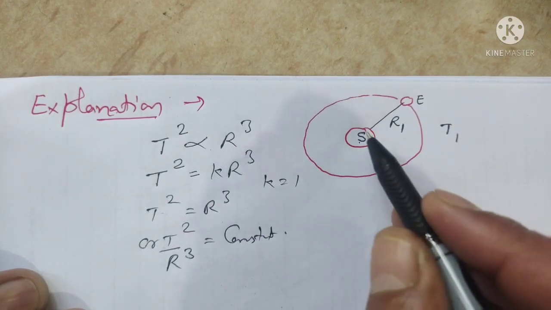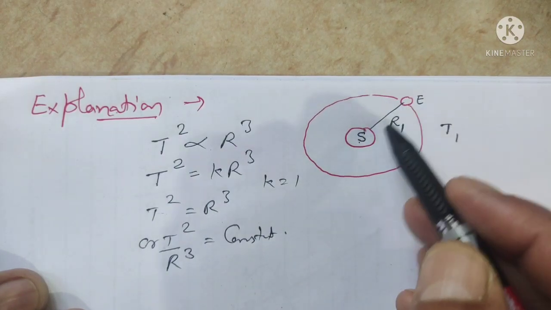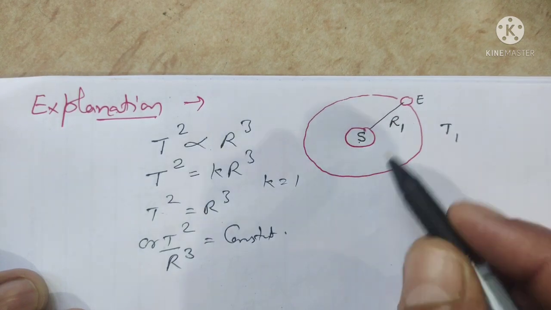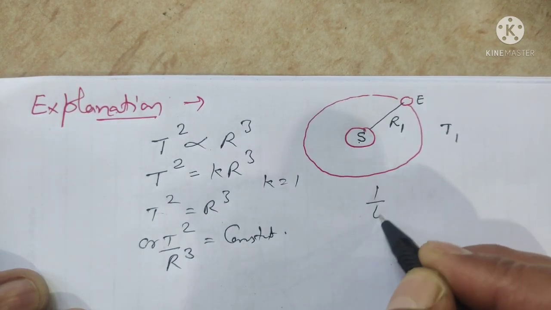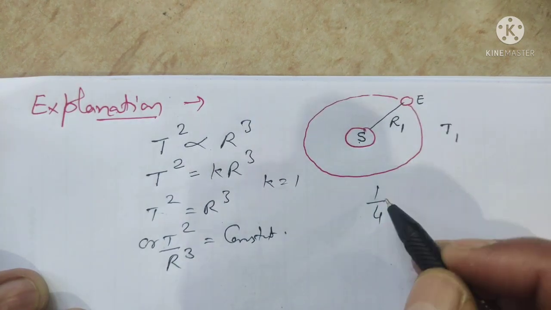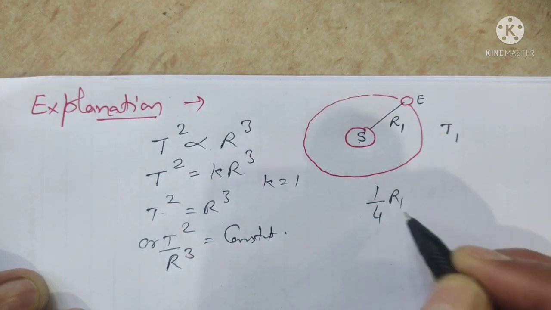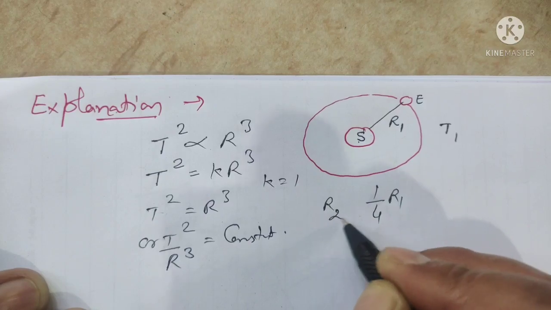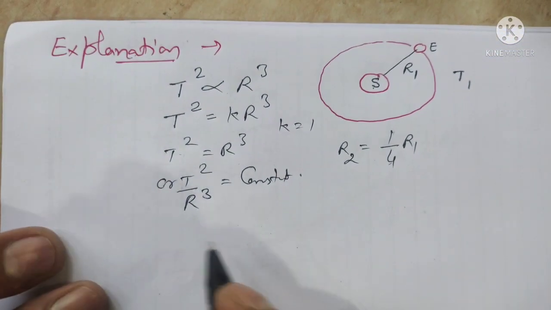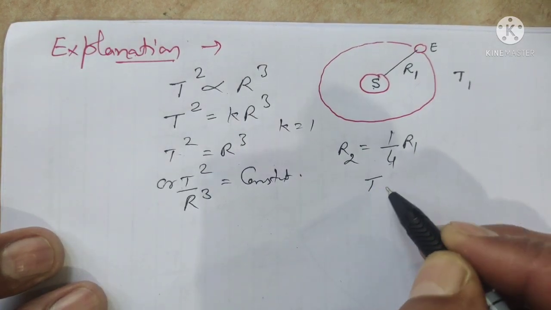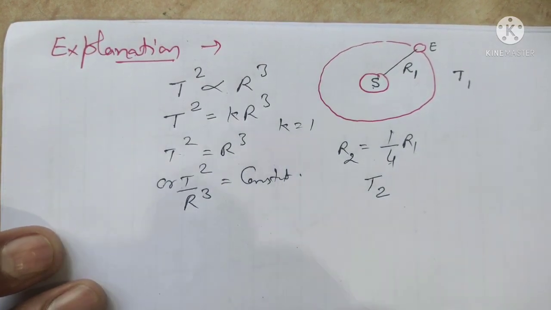If we reduce the radius of this elliptical orbit to 1 by 4th of its present value, that is r1, meaning r2 is equal to 1 by 4 of r1, then let the time period become t2.